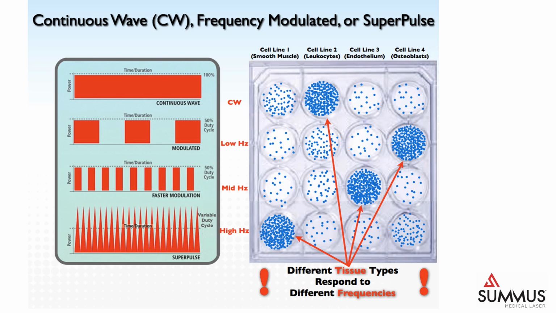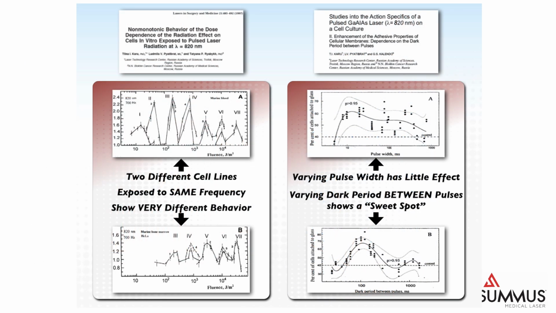The protocols in your Summus medical laser use a variety of modes of delivery in order to address all of the cell types involved in the pathology of the patient you're treating. There have been studies that indicate if you take 2 different cell types and expose them to the same pulse frequency, they show a different behavior.